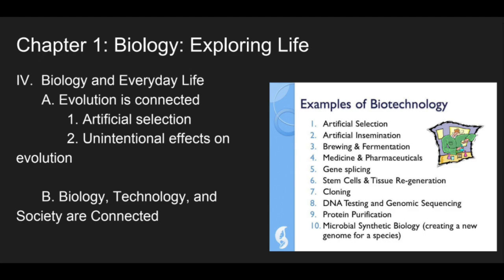So while this is all connected, biology, technology, society, and how we are altering our environment, we have to be careful, and that comes into the idea of bioethics, of how we use the wealth of technology that we have in a responsible manner that benefits both us and the environment.